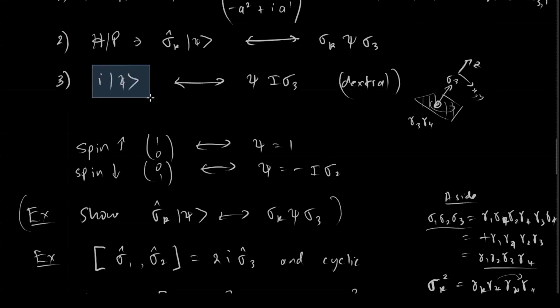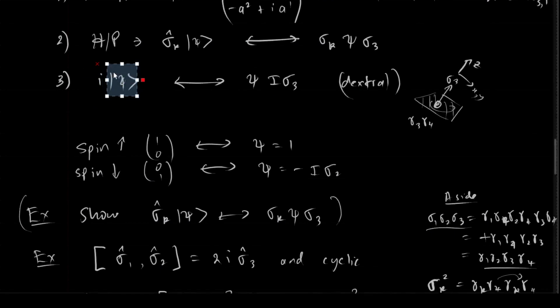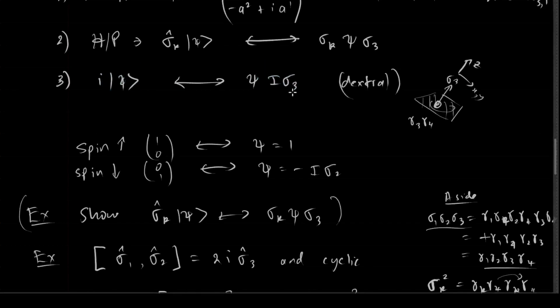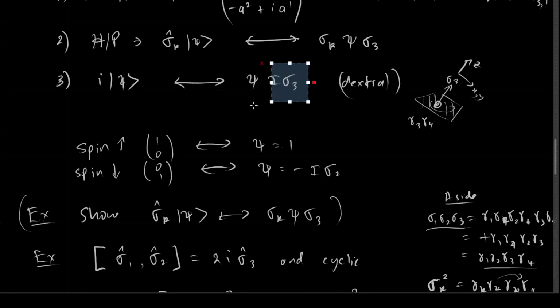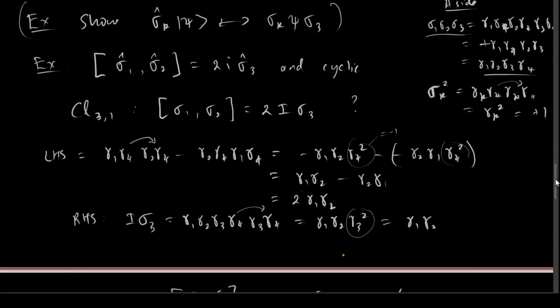So one thing we did last time was check that the unit multiplication by the unit imaginary in the matrix algebra here corresponds to right or dextral multiplication by the space-time pseudoscalar times the bivector sigma 3. Okay, and remember these bivectors are also called relative vectors because they act like Pauli basis vectors.